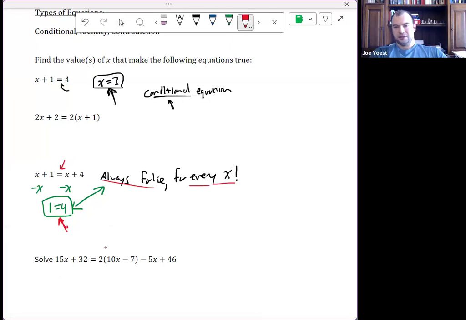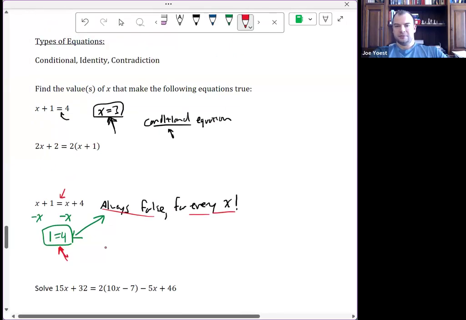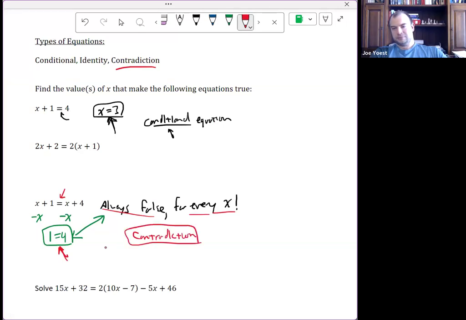So this is what we call a contradiction. It's always false for every x. It has no solutions. So even these linear equations we see are a little bit complicated, right? They have some nuances to them.